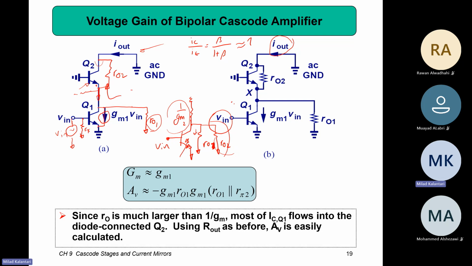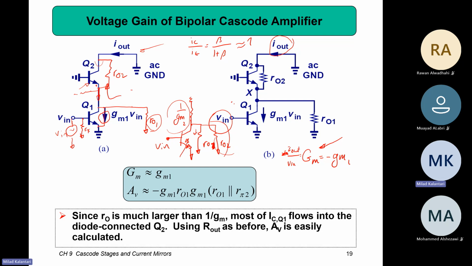With this understanding, the large signal GM, which is I out divided by V in, is pretty much similar to the GM of the bottom device. So from the GM perspective, it hasn't changed.